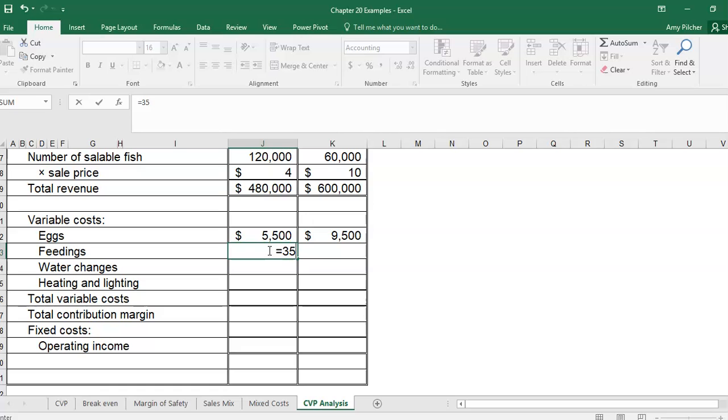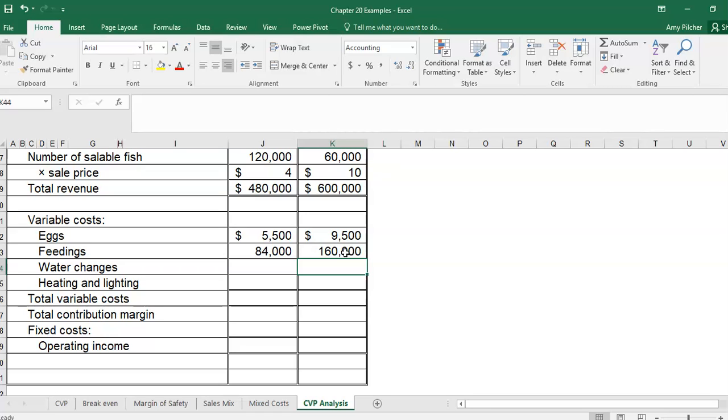So we have 35 times 15 times 160 and 50 times 20 times 160.